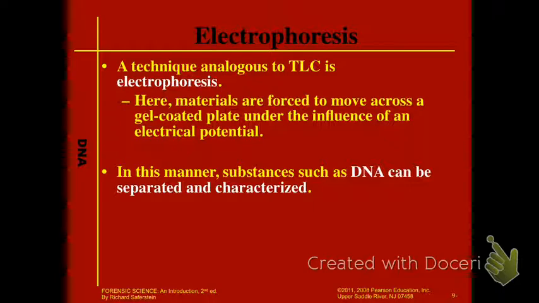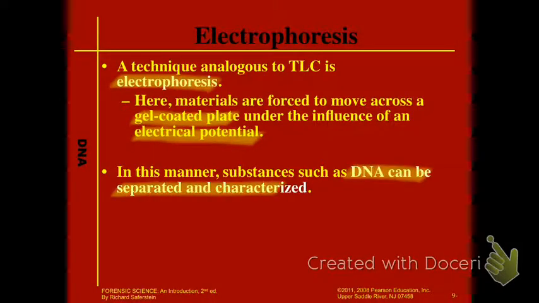Once we've broken DNA into different fragments, we use a process called electrophoresis. In this case, it's DNA that's the material that's forced to move across a gel-coated plate, using an electric current. DNA is separated and characterized in this way.